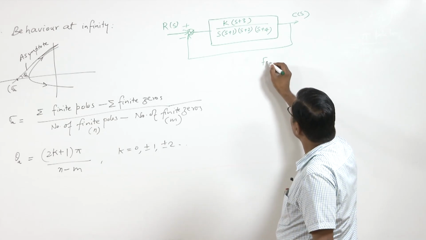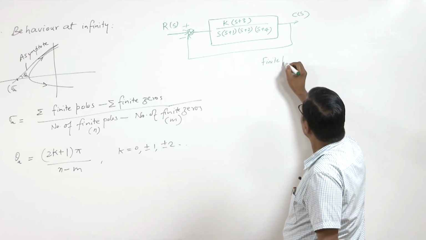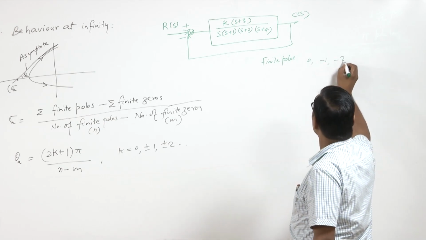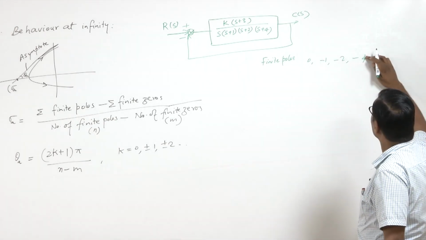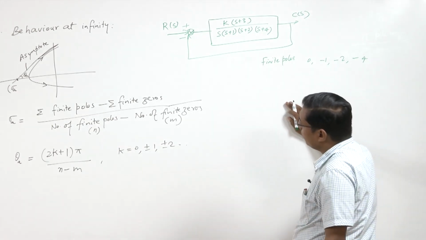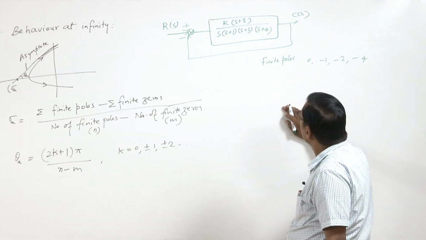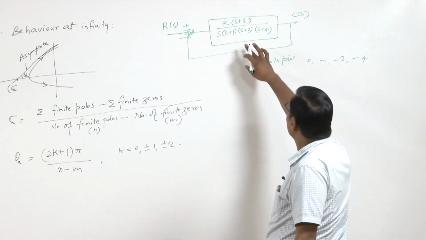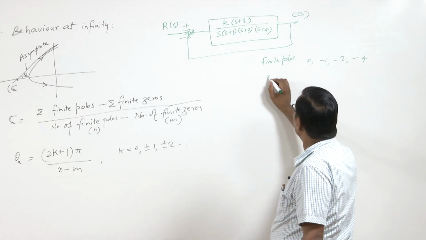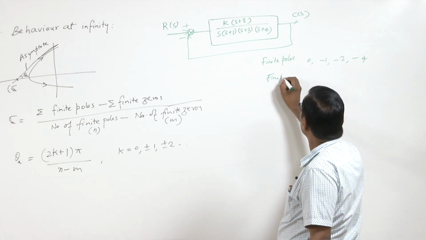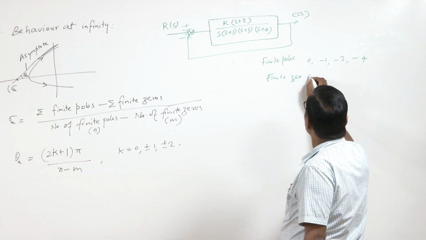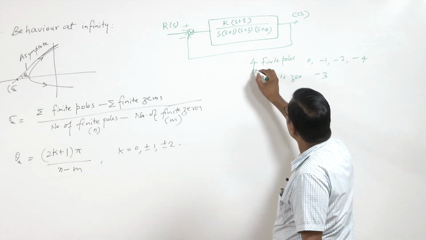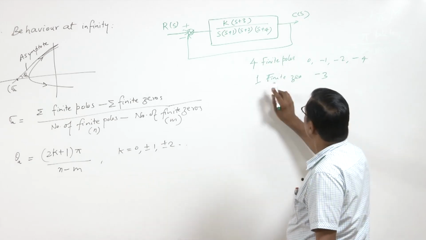So finite poles at 0, -1, -2 and -4, because H(s) is 1 here, so we take G(s) as this. And finite zeros at -3. So we have 4 finite poles and 1 finite zero.